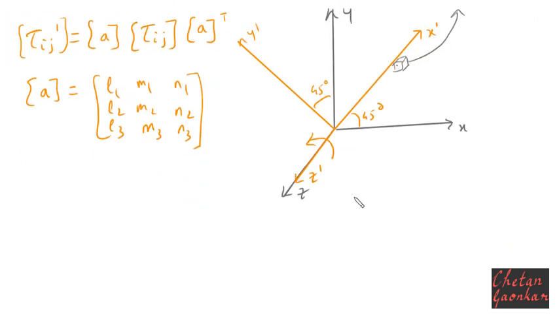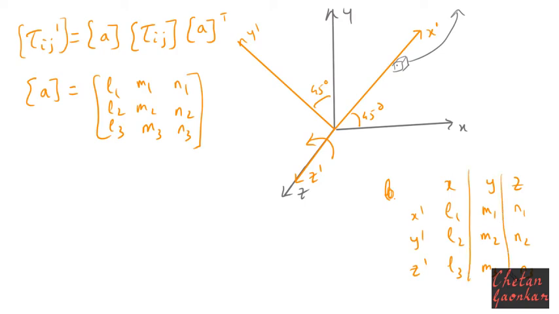If I draw that table again, with x, y, z and x dash, y dash, z dash: L1 was the angle between x dash and x, L2 between y dash and x, and L3 between z dash and x. Similarly we have M1, M2, M3 for y, and N1, N2, N3 for z.